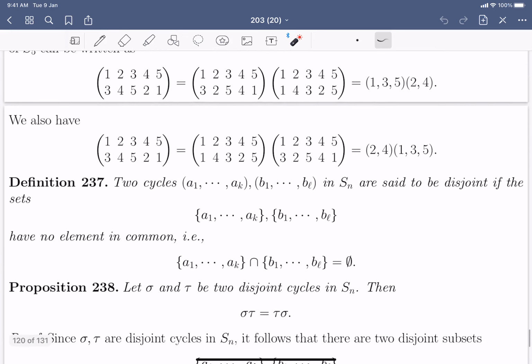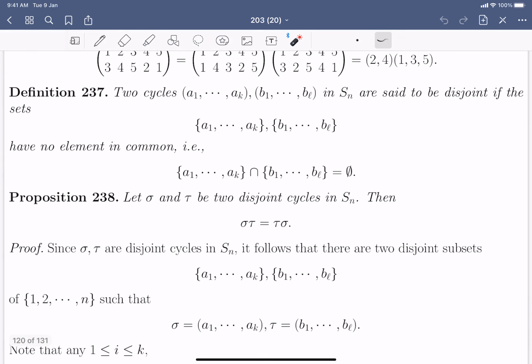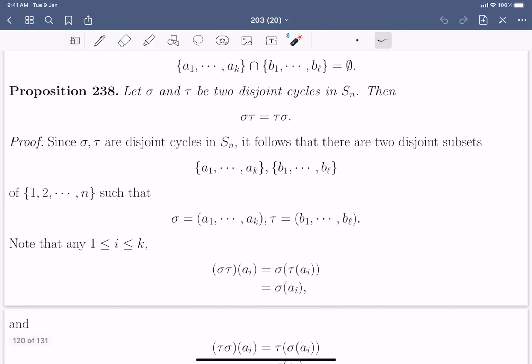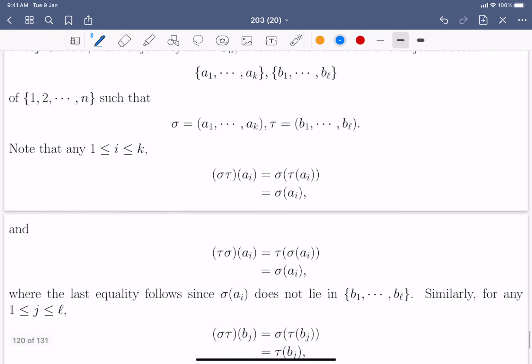And we have also learned the notion of two cycles being disjoint, and you have learned that two disjoint cycles commute. Usually this proposition is summarized as: disjoint cycles commute.